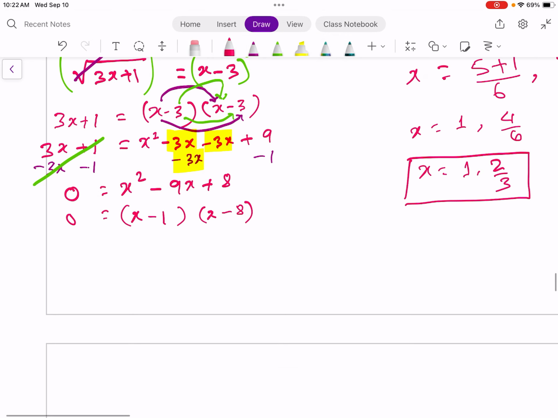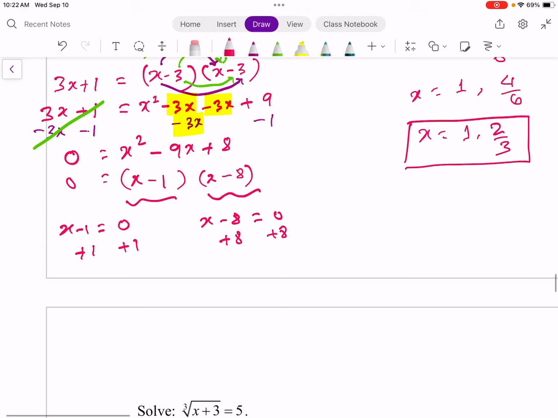Now once you have the factors, we take each factor and set it equal to 0. So first factor is x minus 1, set it equal to 0. Second factor is x minus 8, set it equal to 0. Now you add 1 to this equation, you add 8 to this equation. From the first equation we get 1, from the second equation we get 8, and these two are the solutions for this radical equation.